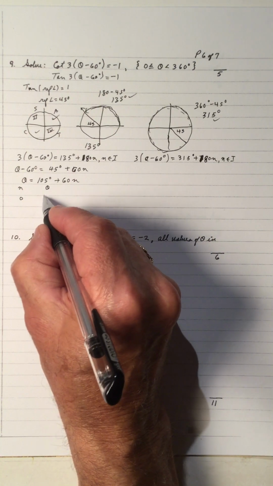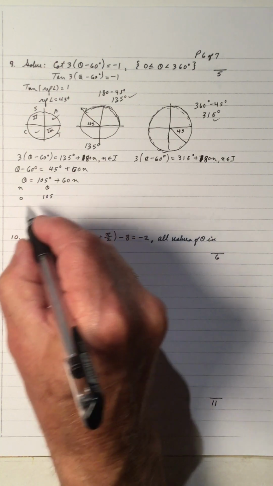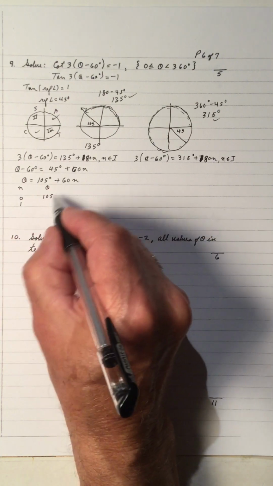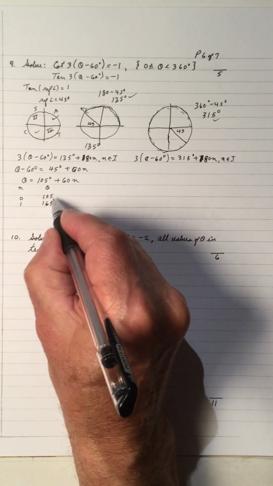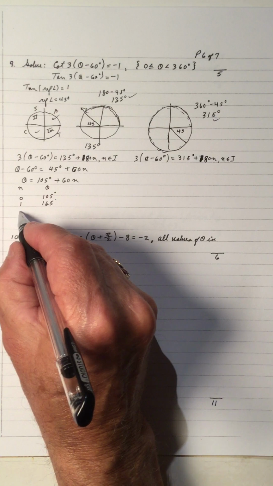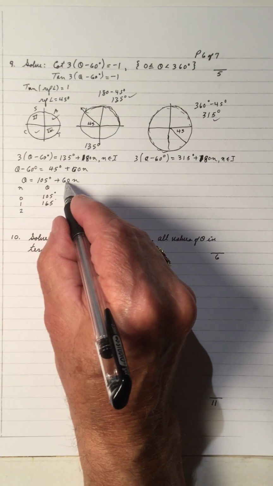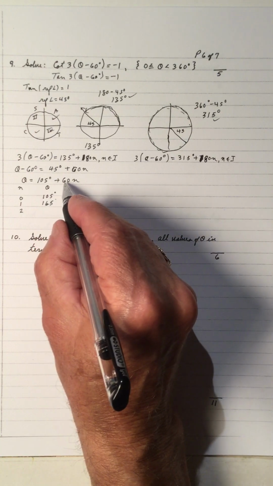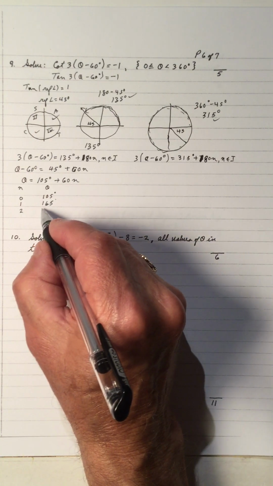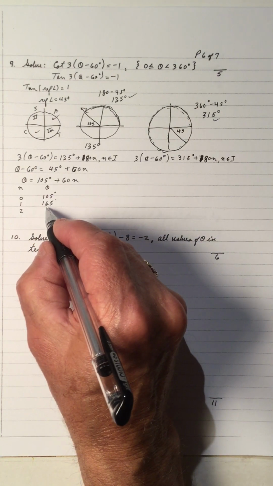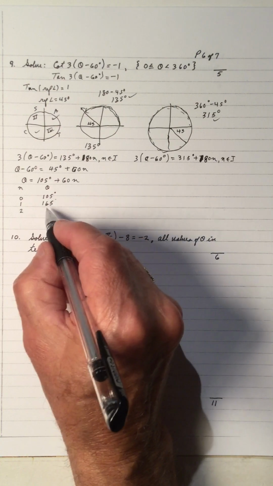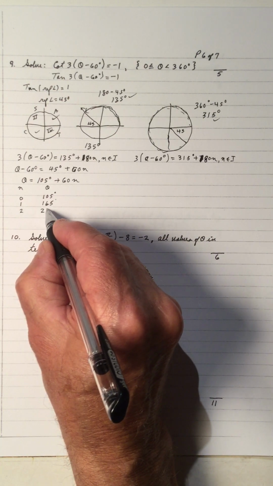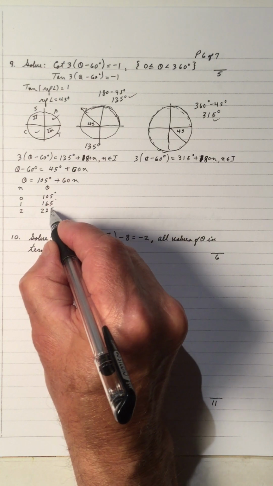Now, if we put n as 0, you get theta to be 105. We put 1 in, we get 165. Notice the degrees. 2 in, that's 2 times 60, that's 120, so it's 225.